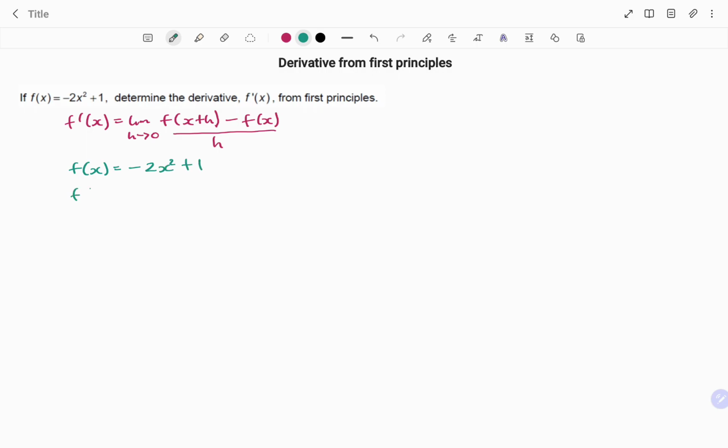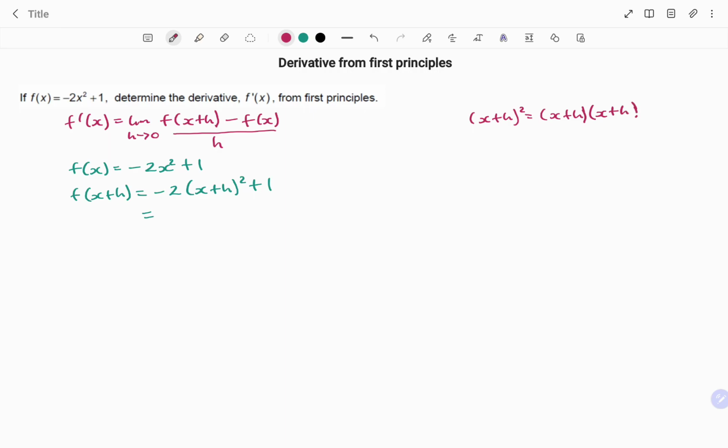And our f of x plus h equals, for every occurrence of x, I add h, so I have that as minus 2 bracket x plus h all squared plus 1. If I expand, I have my x plus h all squared equals x plus h, x plus h.